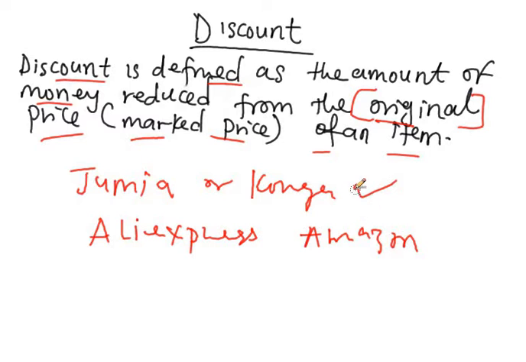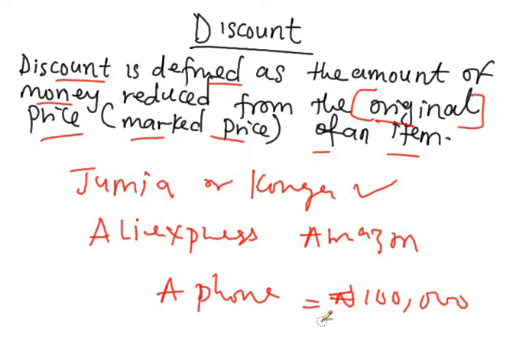That time, all the prices of goods will be slashed down. If an Android phone's price is 100,000, for example, during the Black Friday, all the prices of the items they have in their store will be slashed down. In other words, will be reduced.